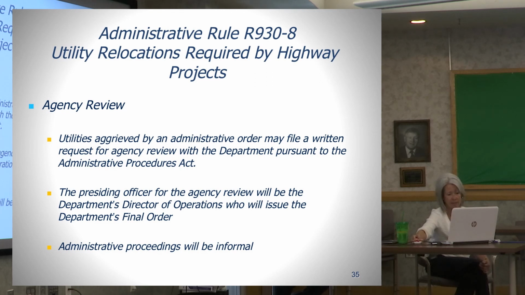Hopefully the intent of raising the bar and the expectations for the quality of the communication and coordination between the department and the utility companies and the contractors will remedy some of the situations in terms of delays experienced before it ever gets to the point that an actual administrative order would have to be issued.